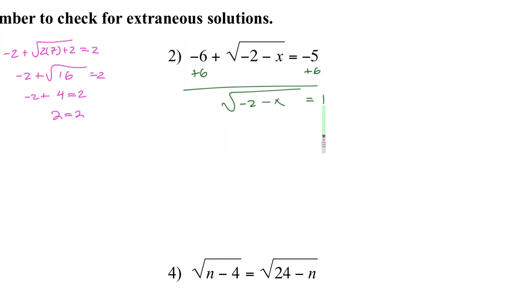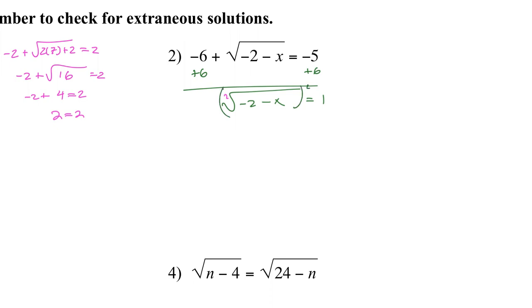If it equals a negative number, that immediately means that you don't have a solution. In this case, my index is 2, but if that small number here is even, when I isolate my radical, it has to equal a positive number. If the index is odd, it doesn't matter. But if it's even, we have to equal it to a positive number.